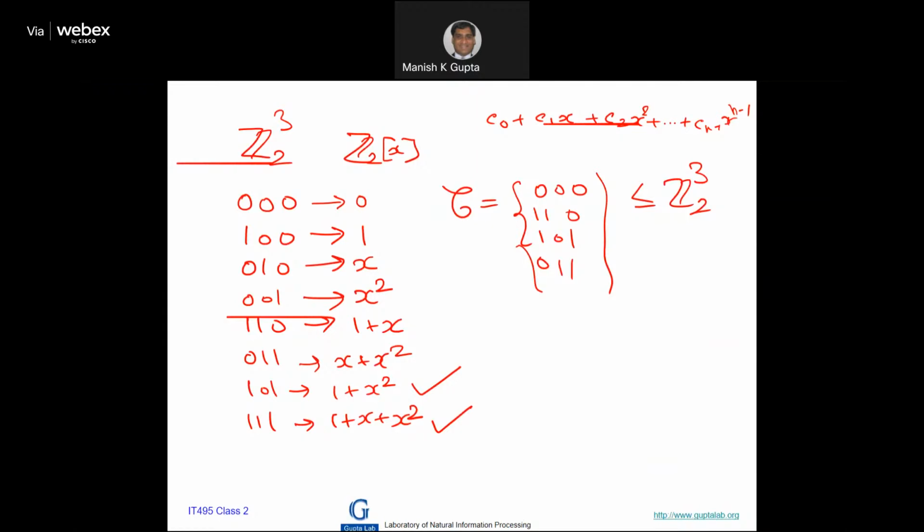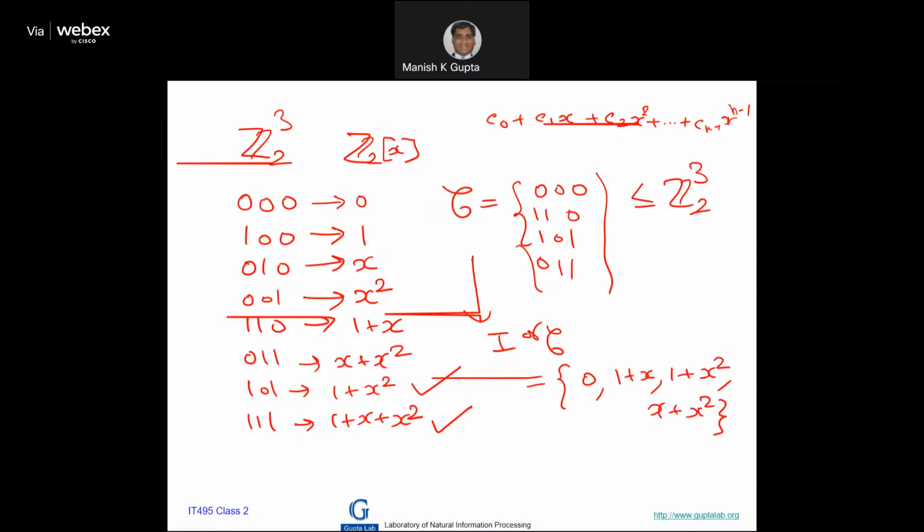Now, when we do this mapping, this becomes, I denote it by I, or you can also call it C, no problem. When you look at the polynomials, C is 0, 1 plus x, 1 plus x squared, x plus x squared.